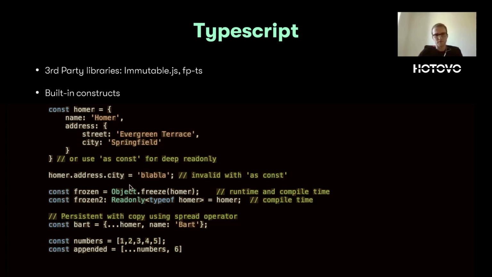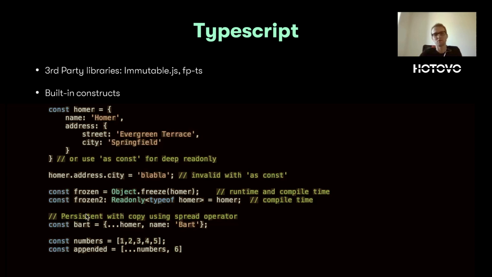Now, if we have these read-only structures, how do we copy them? We can use the spread operator, which copies all of the fields, and I can replace some of them, right?